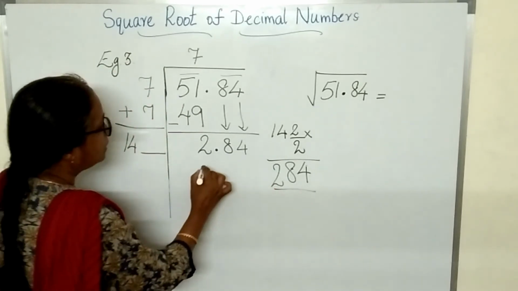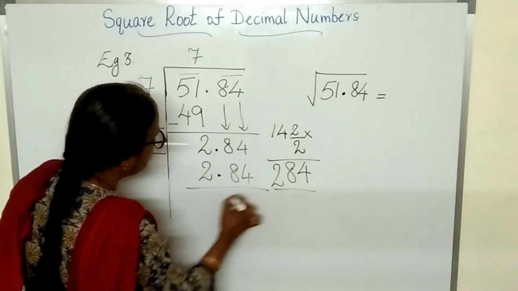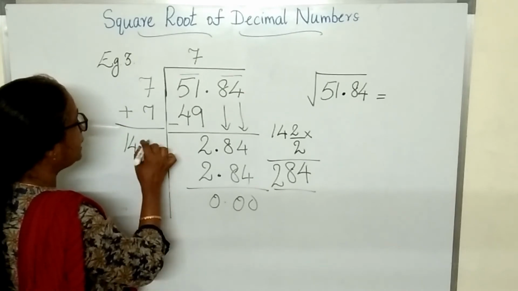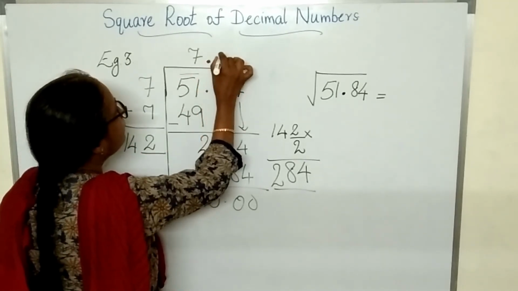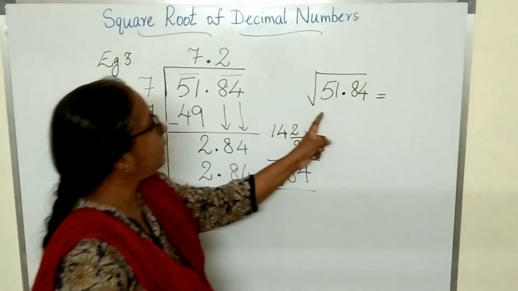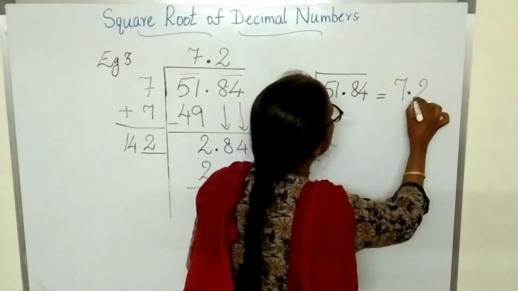So write here 284. So when we subtract, we get 0. Which number to write here? 2. And then put a decimal point here also and write 2. So what is the square root of 51.84? It is 7.2.